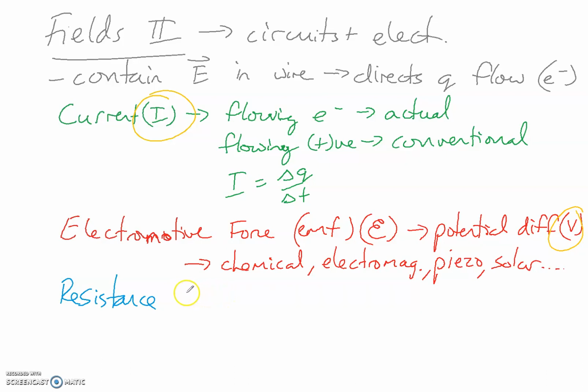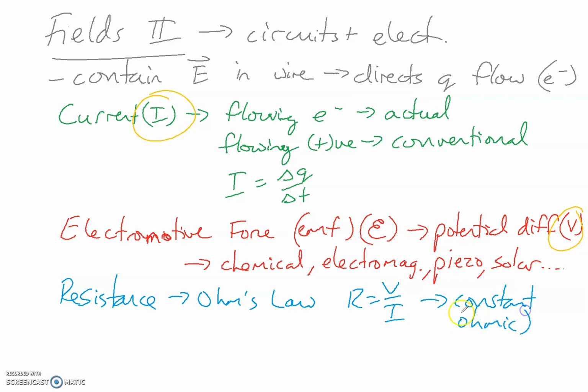But most people know about resistance, and of course, this is where Ohm's law comes in that you guys do in grade 9, where resistance is V over I. And if this value is constant, then the resistor is what's referred to as ohmic. So typically you want resistors to have the same resistance, and if they do, they're called ohmic.